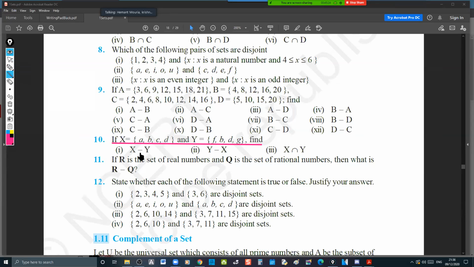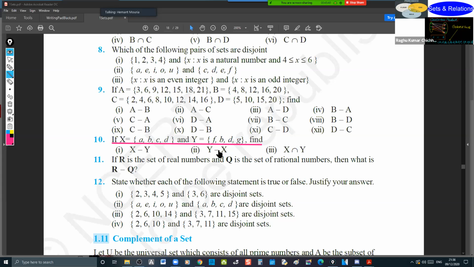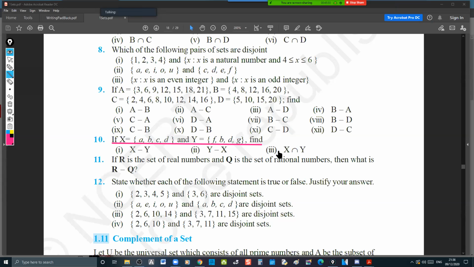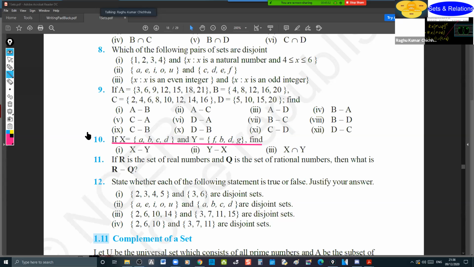If X equals {a, b, c, d} and Y equals {f, b, d, g}, find X minus Y. That's only X but not Y. So it's a, b, c. No, B is there. So a, c. Yes, only a and c, sir. That's it. It's clear now, Chaitanya. Let's come to the 11th one.